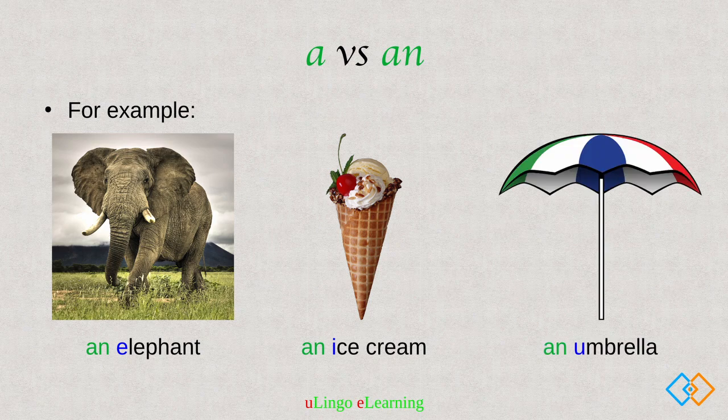As you can see, elephant starts with the letter E and the sound is E. Ice cream starts with the letter I and the sound is I. Umbrella starts with the letter U and the sound is A. All of them are vowel sounds.